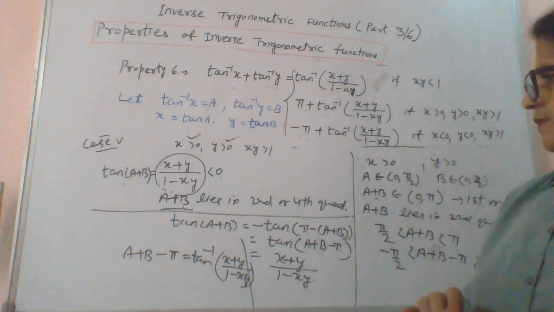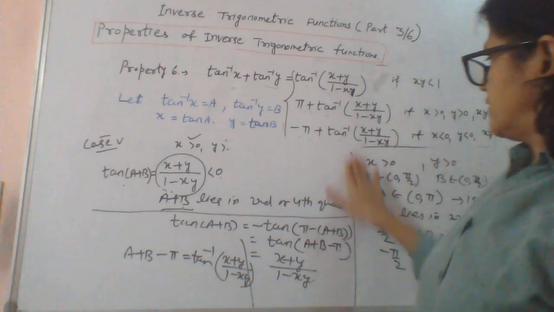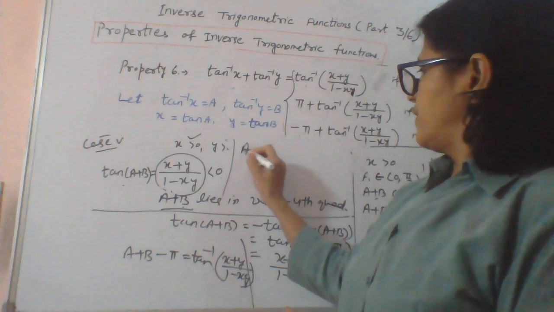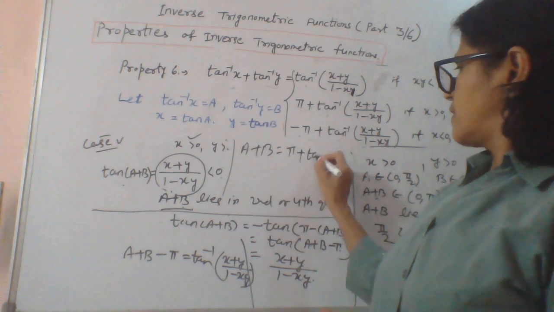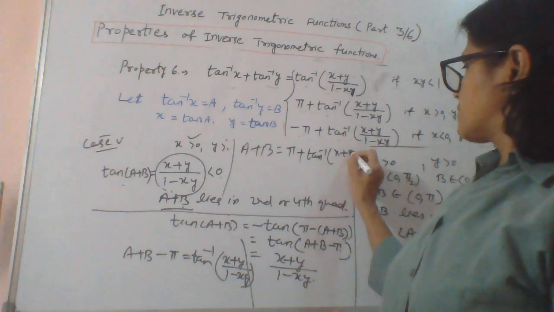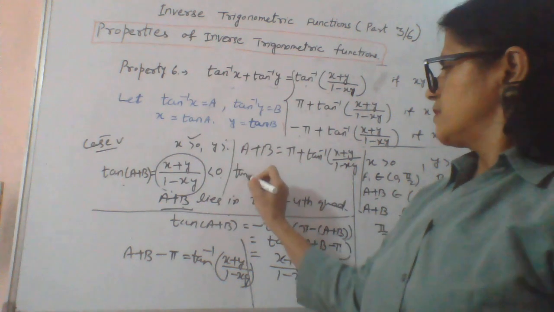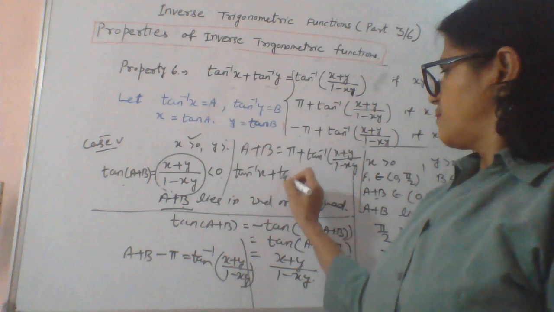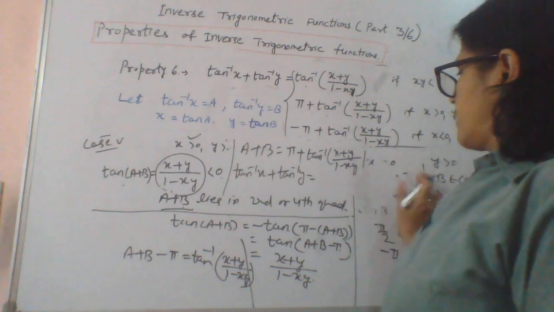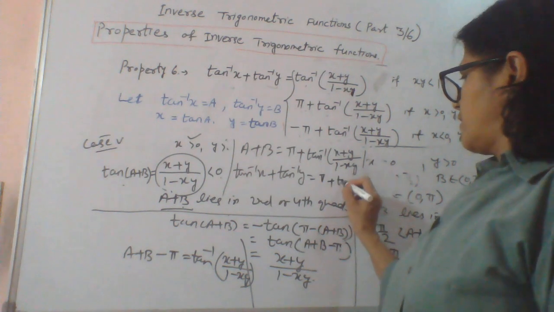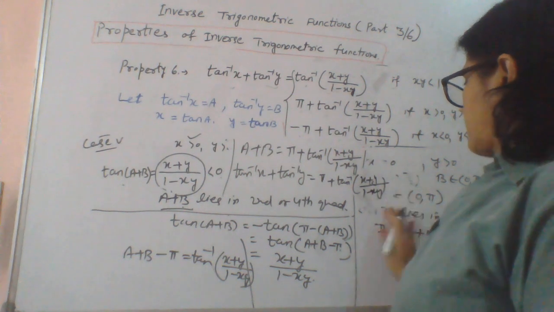So what is a plus b then? Then we can write a plus b equals pi plus tan inverse of x plus y by 1 minus xy. a plus b means tan inverse x plus tan inverse y, that is equal to pi plus tan inverse of x plus y by 1 minus xy.